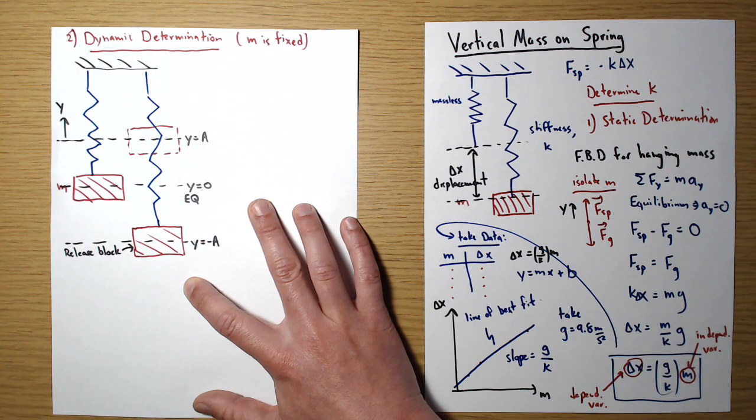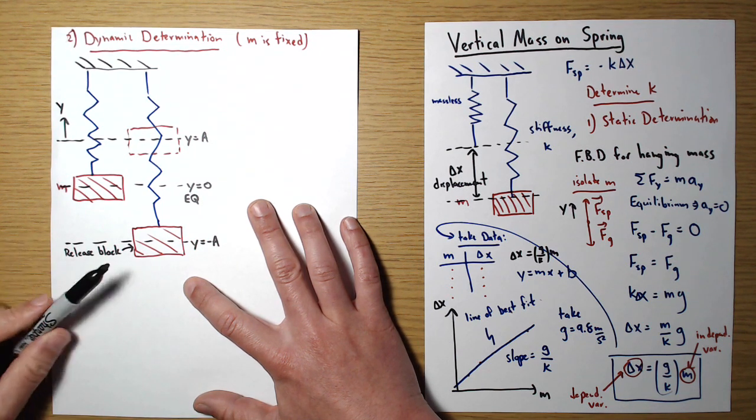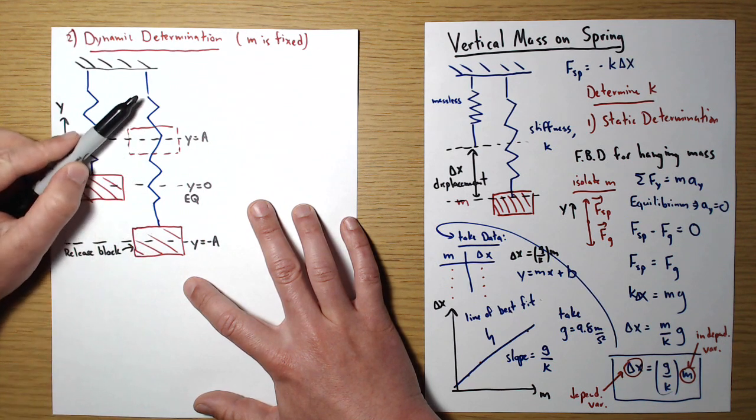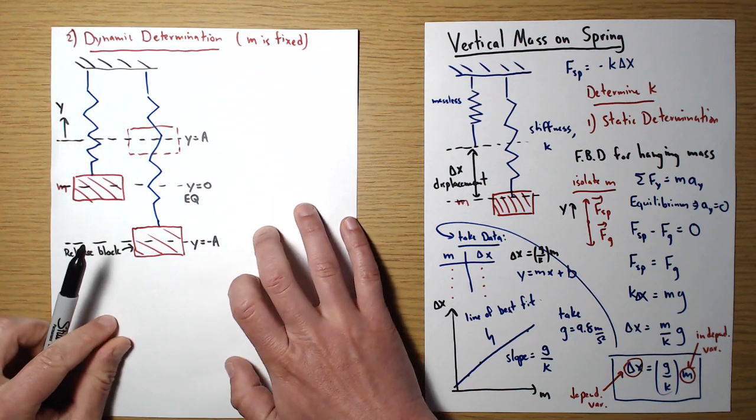And we can see that just from the fact related to energy conservation. Once the block is all the way down in its lowest position, it has potential energy that's stored in the stretching of the spring.